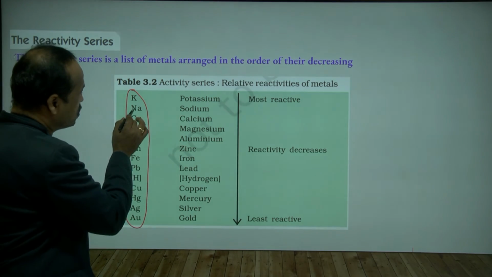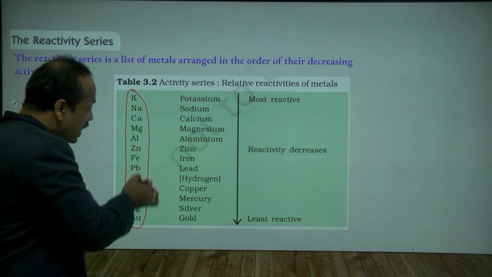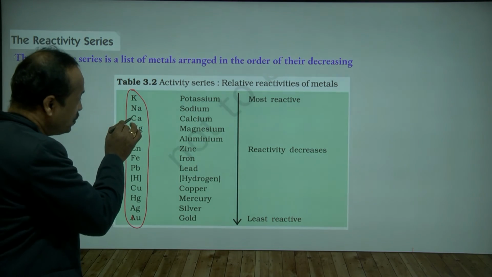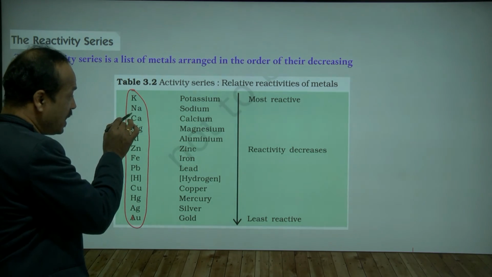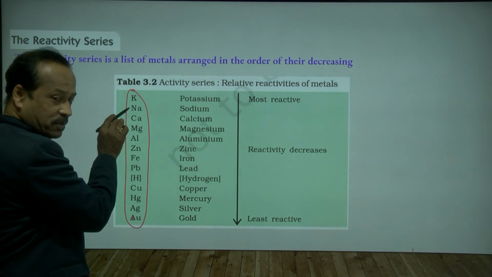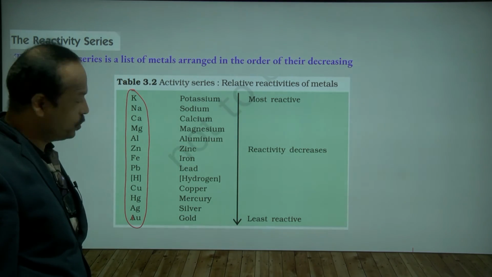Sodium is less reactive than potassium, but more reactive than all the rest. Are you following? Yes. Calcium is more reactive than all the metals after it, but when I compare it with potassium and sodium, calcium is less reactive. Is this clear to you?